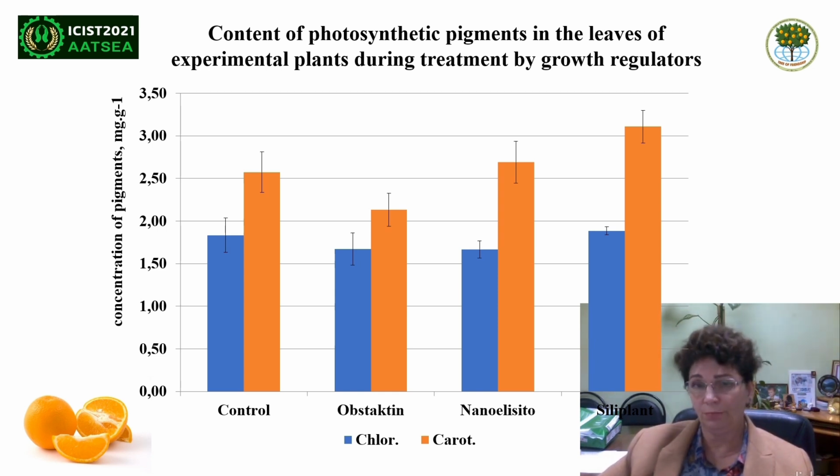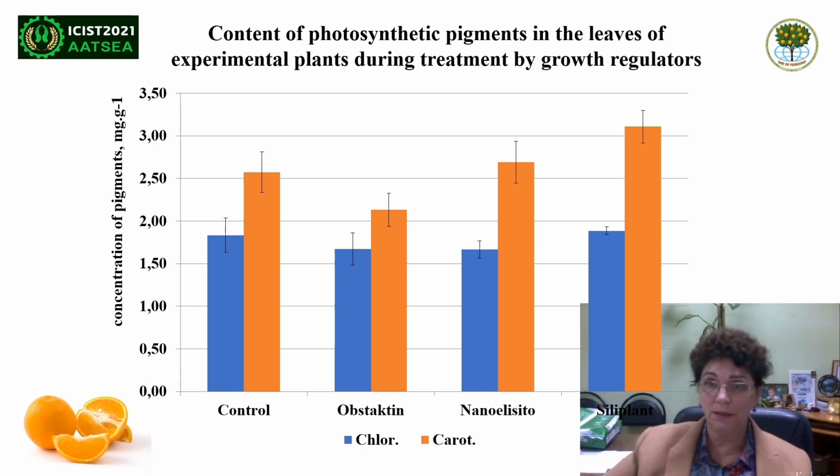For tangerine plants, limiting abiotic stressors are frosts in the absence of snow cover in the winter, droughts, and elevated air temperature in the summer. At the highest temperature, the tangerine reduces photosynthesis. There is an inhibition of vital processes and active ovary fall.